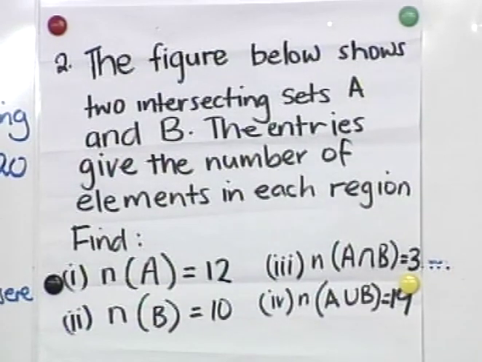The figure below shows two intersecting sets, A and B. The entries give the number of elements in each region.